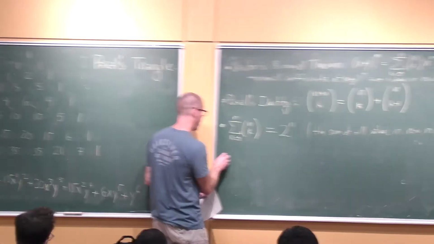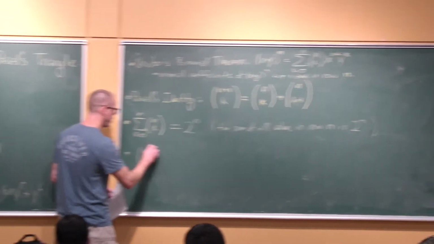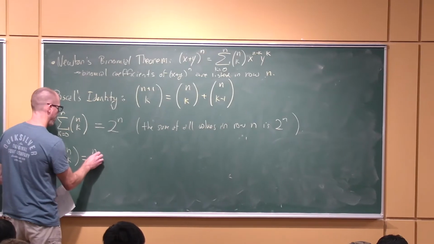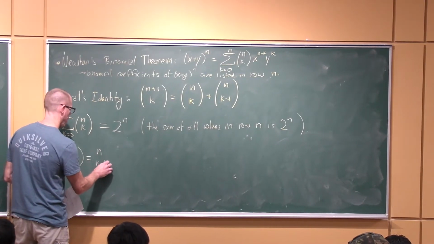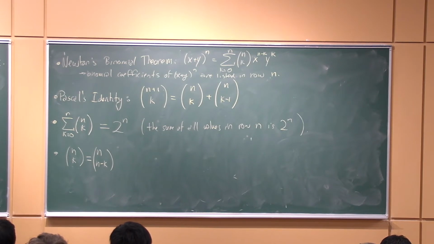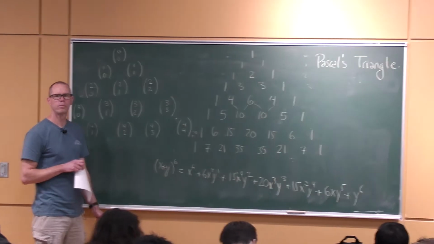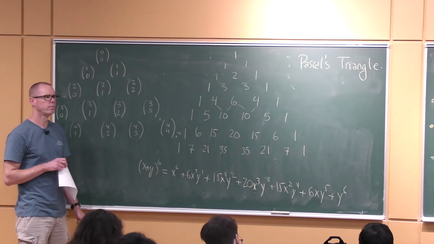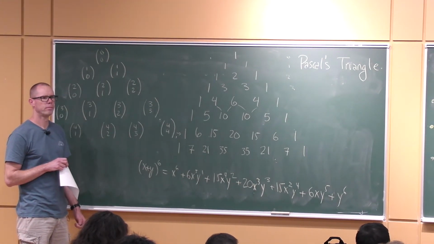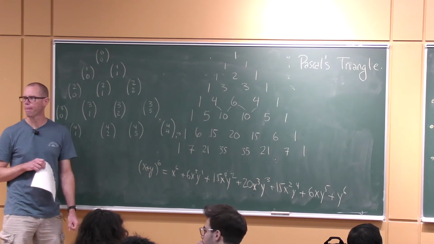We also saw sort of a baby result that n choose k is equal to n choose n minus k. What does that mean in terms of this triangle here? Yep.